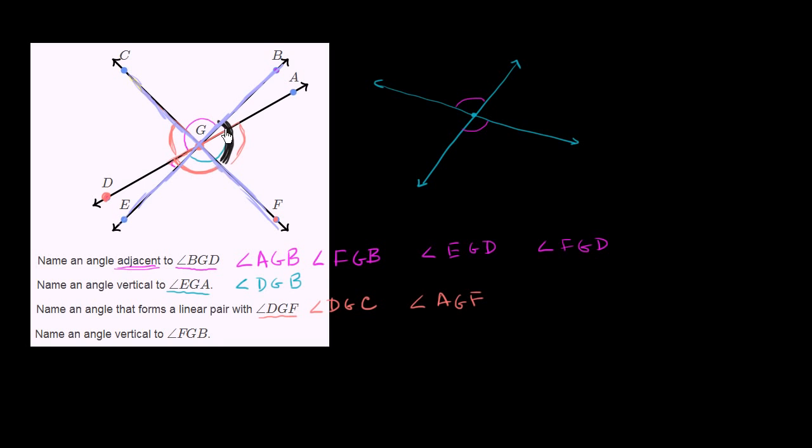The one in question, FGB, has these two angles adjacent to it, sharing a common ray, and then the vertical angle is the one that sits on the opposite side. So this angle right over here is angle EGC, or you could also call it angle CGE. So angle CGE.